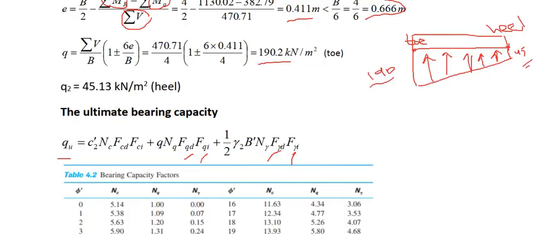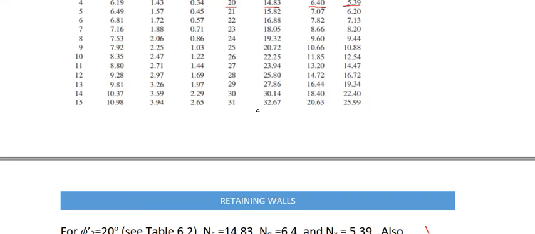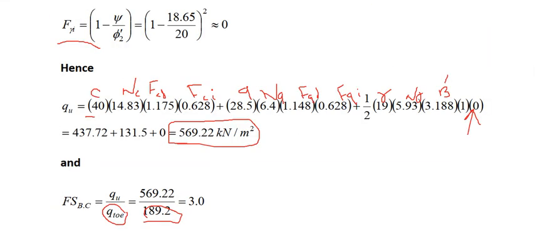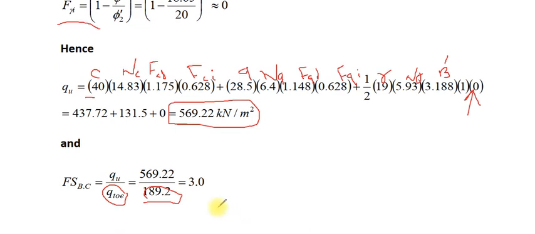Here the maximum applied pressure will be 190. To get the factor of safety, we use this equation: the ultimate bearing capacity of the soil divided by the applied pressure gives us 3, which is an accepted value.